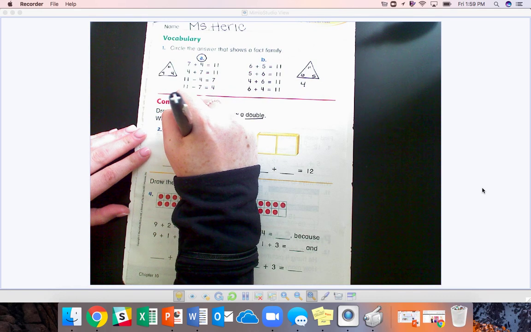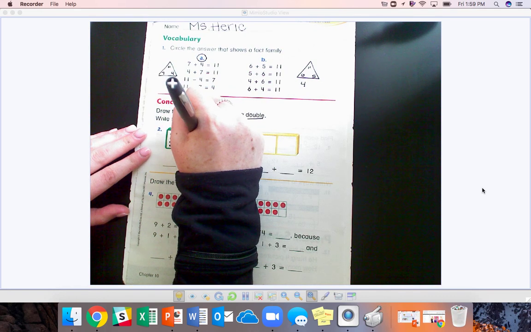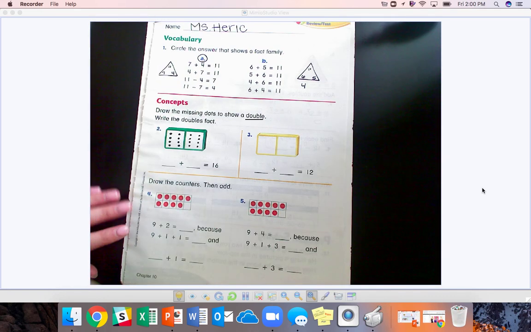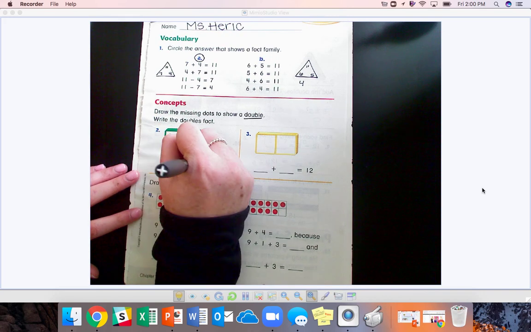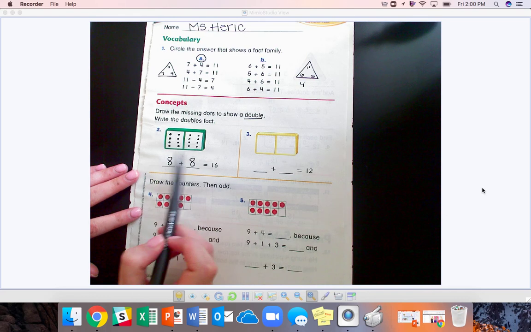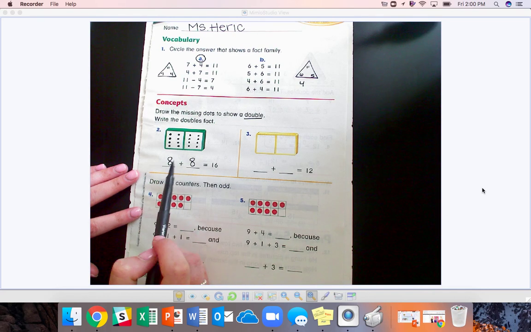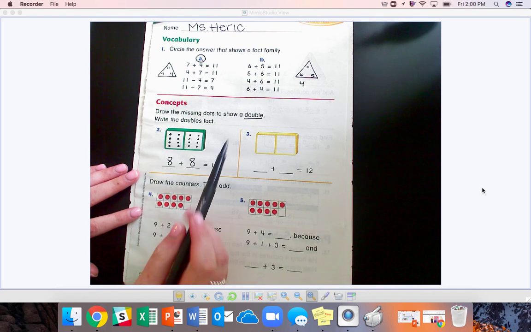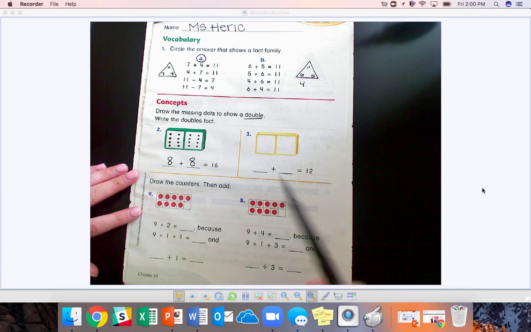I know this is correct because you can count the dots to count 16, and we know that the addends are the same, so it is a doubles fact.